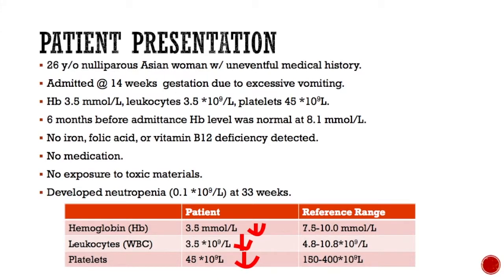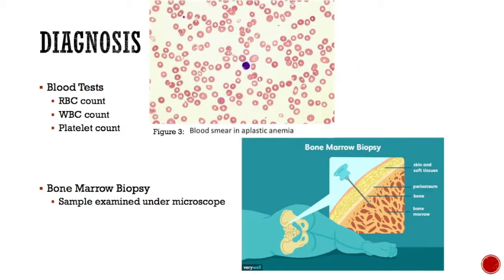It was 8.1 millimoles per liter, which is in the reference range of 7.5 to 10 millimoles per liter. So no iron, folic acid, or vitamin B12 deficiency was detected. She wasn't taking any medication, and she had no exposure to toxic materials. And at 33 weeks, she developed neutropenia, which is decreased neutrophil levels.